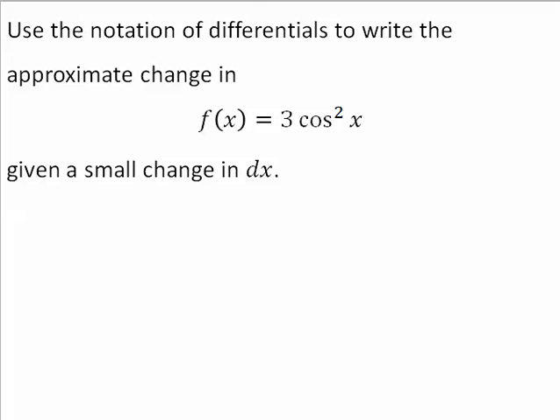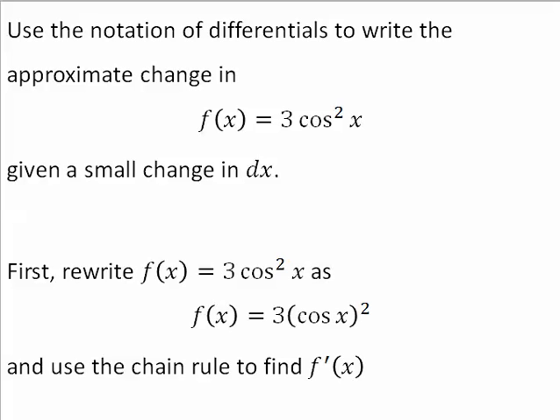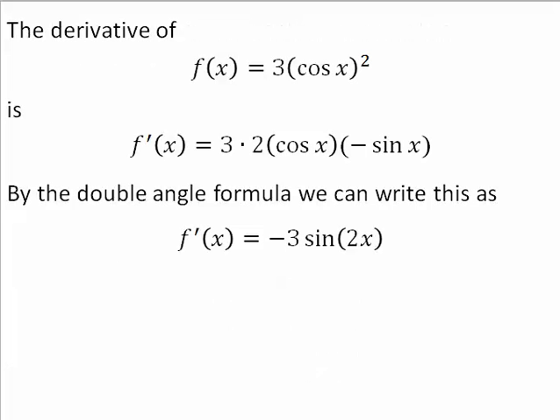Let's use this new notation to write the approximate change in this function given a small change dx. First, let's rewrite the function so that it's easier to find the derivative, and then use the chain rule. Take the derivative and use the double angle formula.